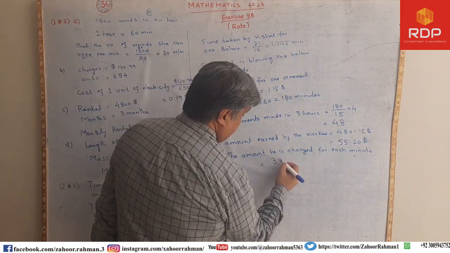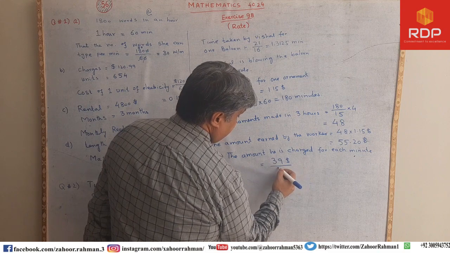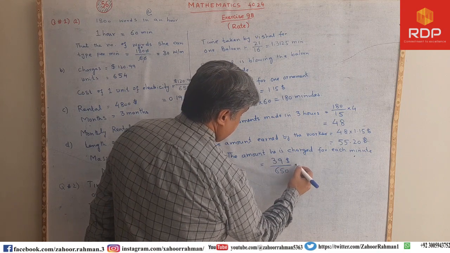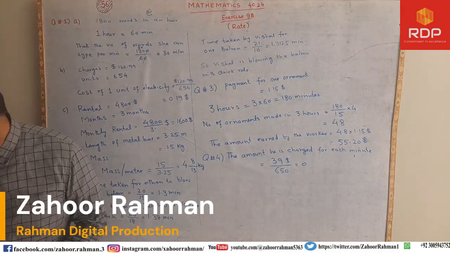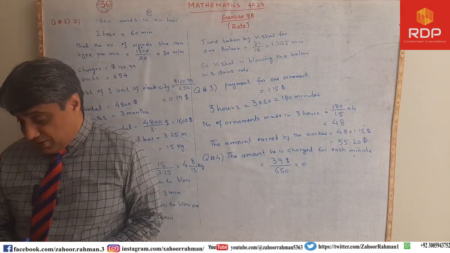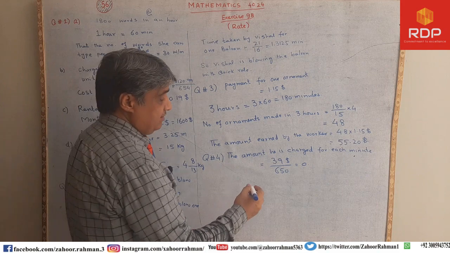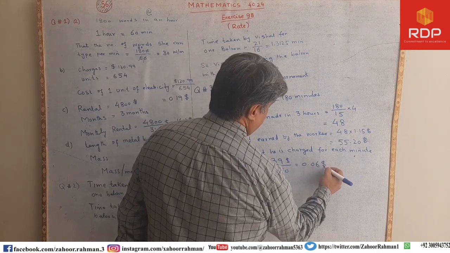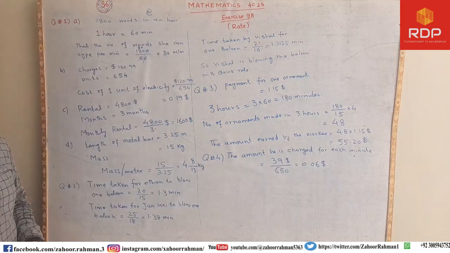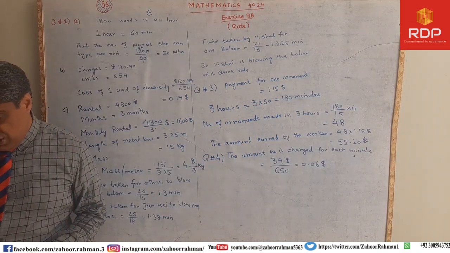So $39 divided by 650 and it is 0.06 for 1 minute. He has to pay 0.06.